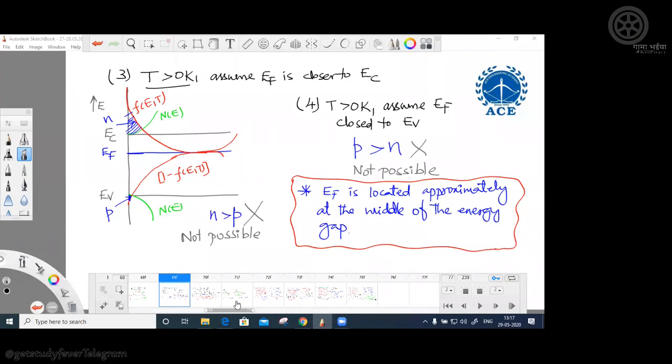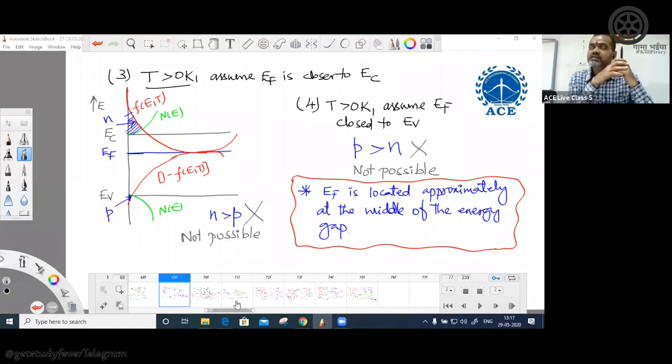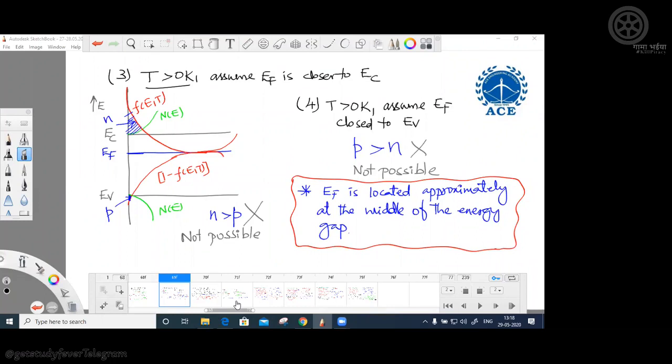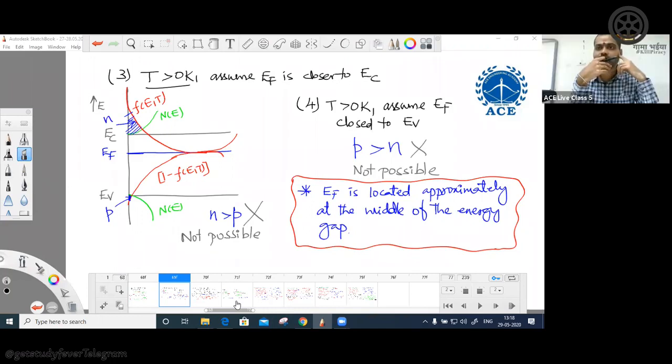Whether it goes depends on how much energy you are giving. It may go, but it cannot find a position there. No, it can go. That's what I'm saying.